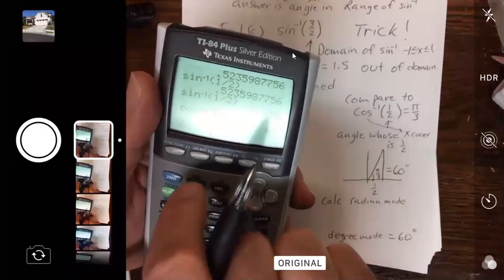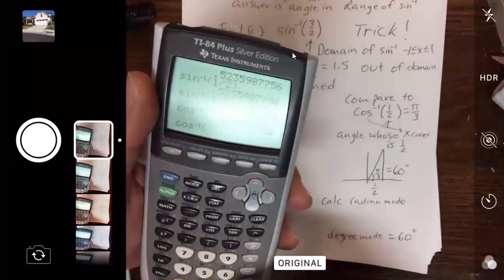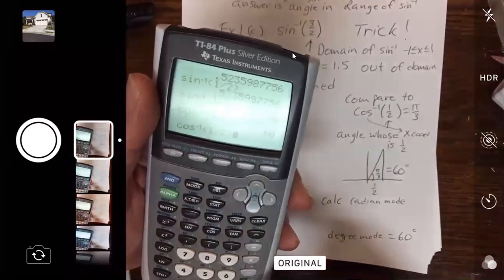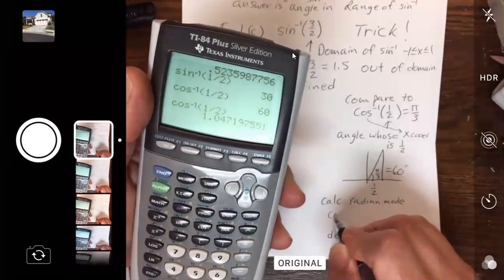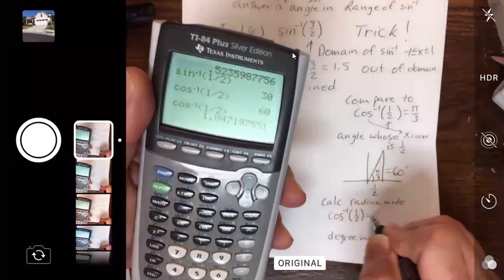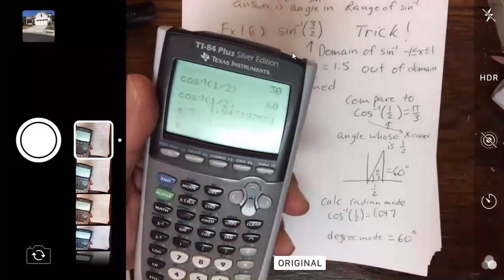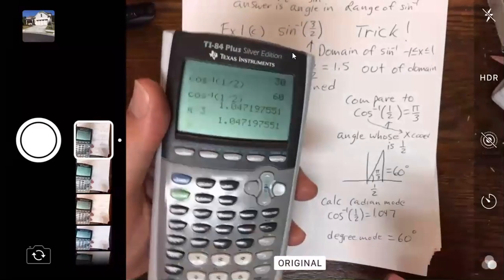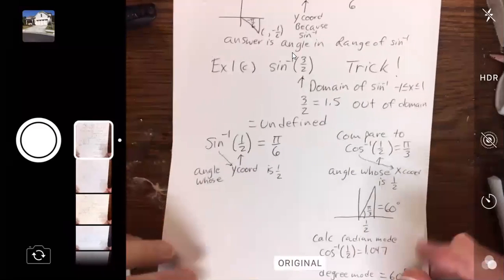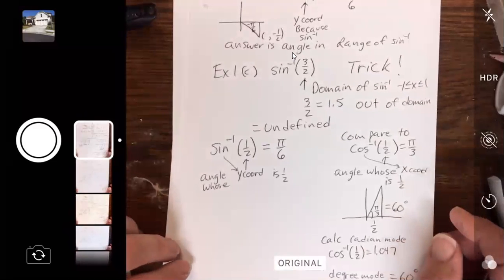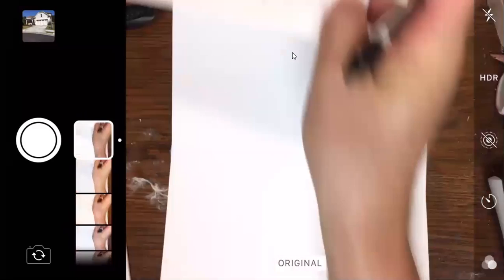Radian mode, arc cosine of 1/2 is 1.047. And pi divided by 3 is 1.047, same thing. Okay, I won't compare it to a tangent. You can't do tangent of 1/2. It's not a standard value. That's the basic idea.